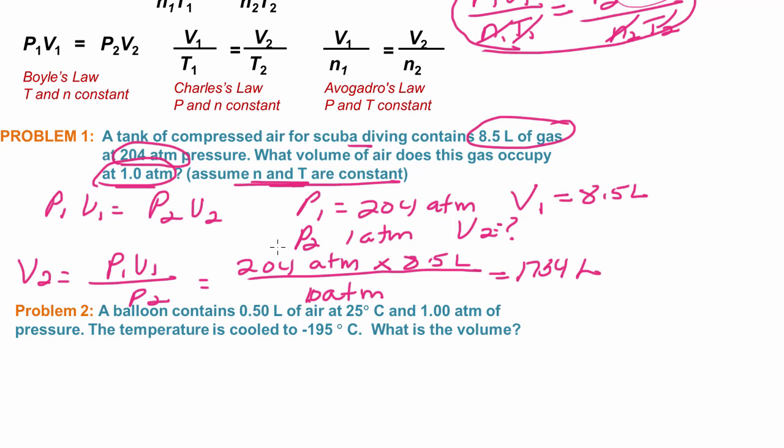So what's happened is the pressure has decreased. So if the pressure has decreased, we would expect an increase in the volume. So yes, that does make sense. I would only want two significant figures here, so I could say 1.7 times 10 to the third liters. This is Boyle's law. Notice my units cancel, and I'm left here in liters.